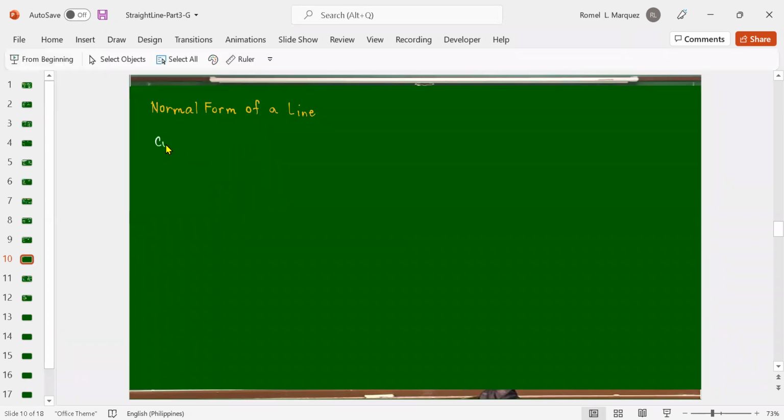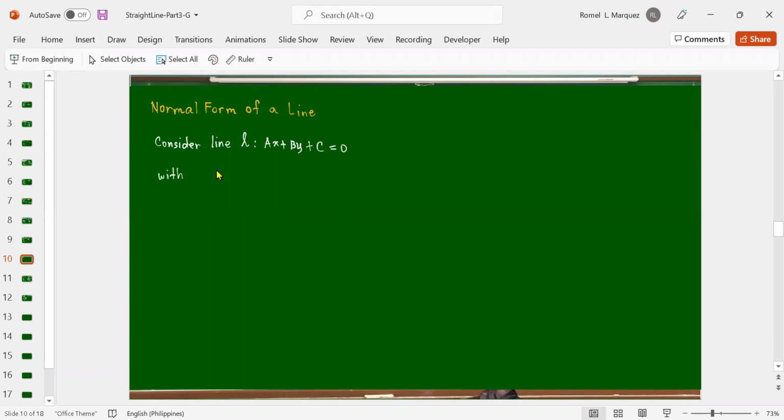Let us consider line L whose equation is given by Ax plus By plus C equal to 0. We want to know the equation of this such that you will know the distance of this line from the origin.